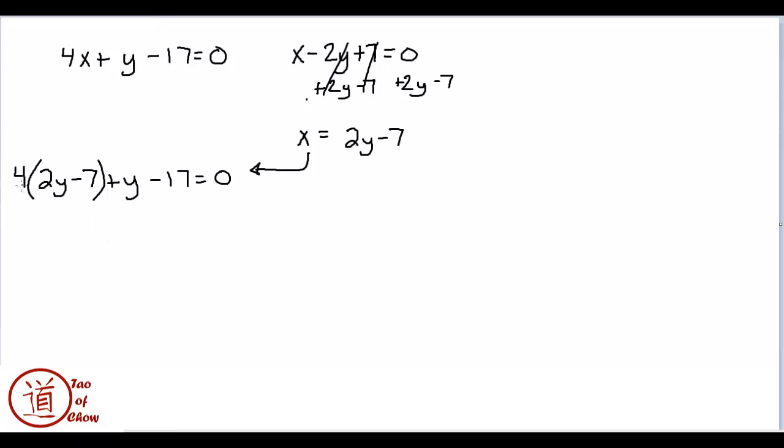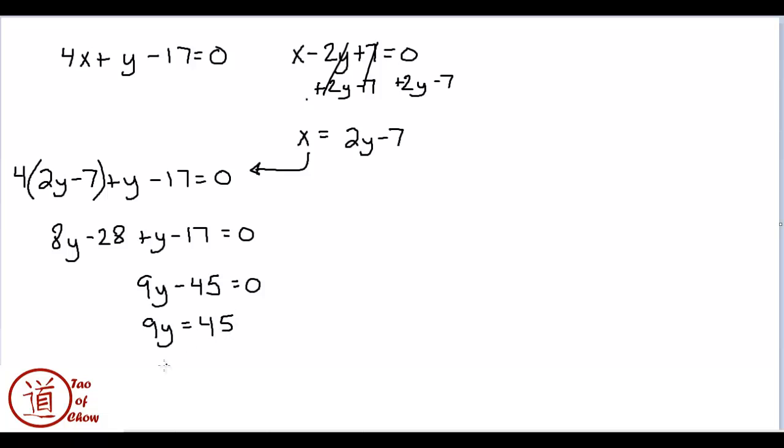Now I can solve this because I have an equation only in terms of y. So I have 8y minus 28 plus y minus 17 equals 0. 8y plus y is 9y, and negative 28 minus 17 is minus 45, equals 0. And 9y would be equal to 45, and y is equal to 5.